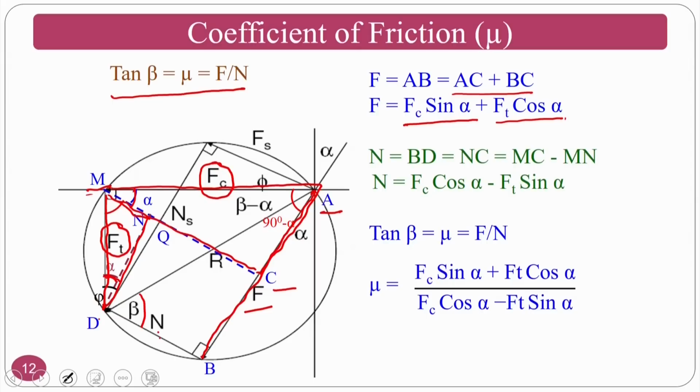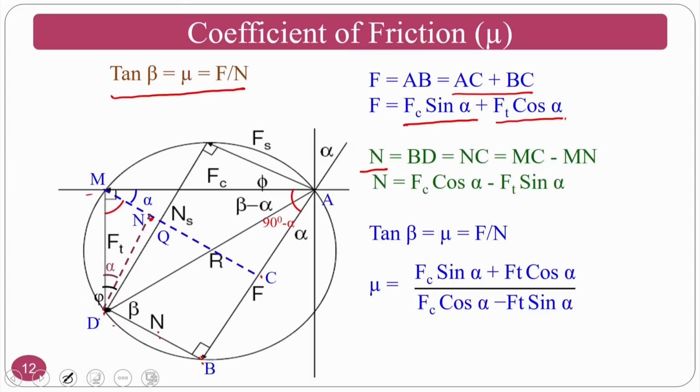At the same time, I have to calculate again normal to the frictional force, that is called N. This BD or DB is equivalent to NC. Here is N. Now NC equal to MC minus MN.